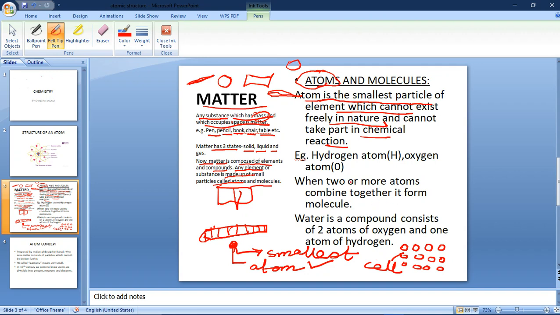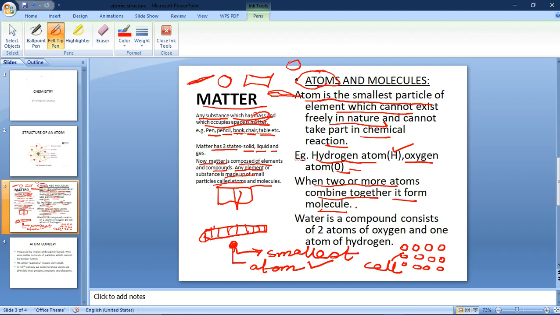Now going to examples of the atom, we see the hydrogen atom, and the symbol is H for hydrogen. Oxygen atom, and this is O for oxygen. When two or more atoms combine together during chemical reactions, it forms a molecule.